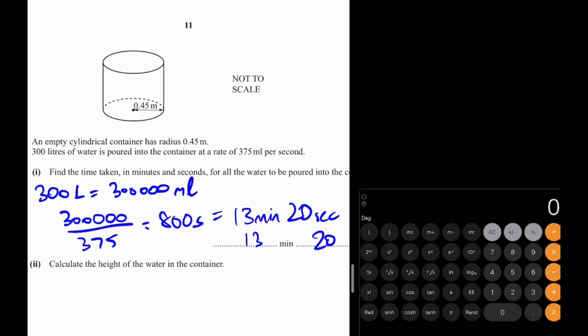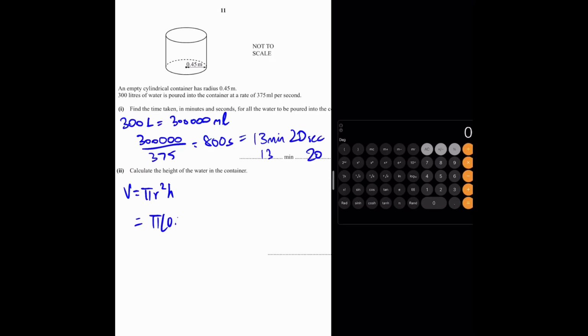You can go to part B. Calculate the height of the water in the container. So the volume is equal to pi r squared h, which is equal to pi into 0.45 squared times h. Now the volume of the water is 300,000 milliliters, which is equal to 300,000 centimeters cubed, right?